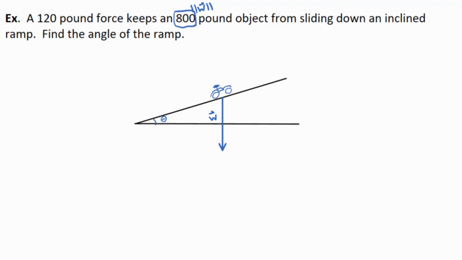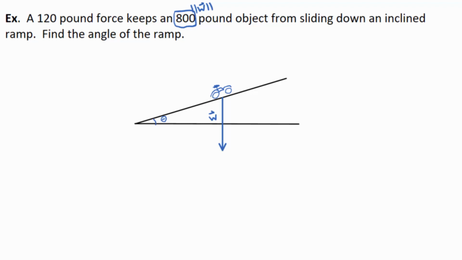Now, it can be shown that you can break up any vector into two components that are added together. So by the triangle law, we should be able to find two component vectors we can add together and get W. And the ones we're interested in: the vector that is the force vector perpendicular to the ramp.